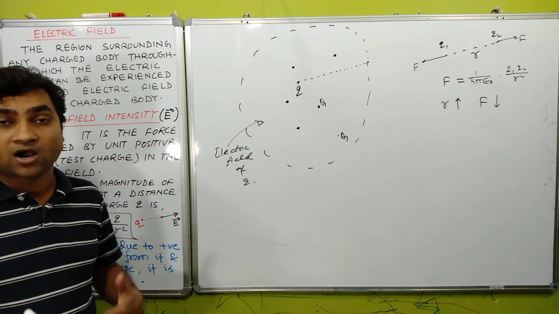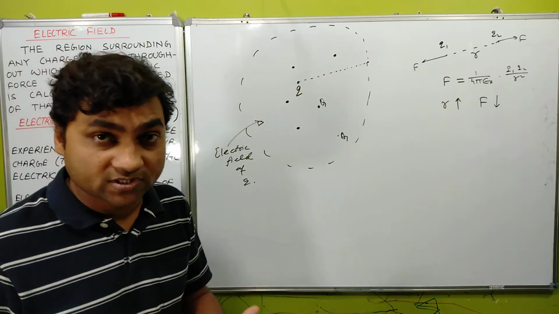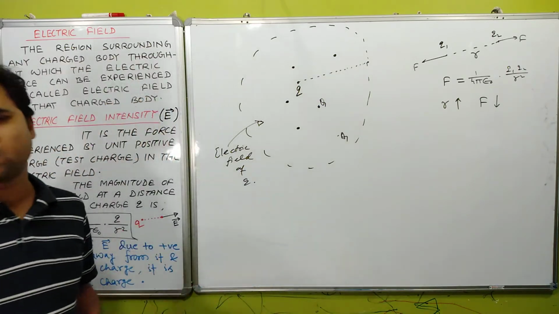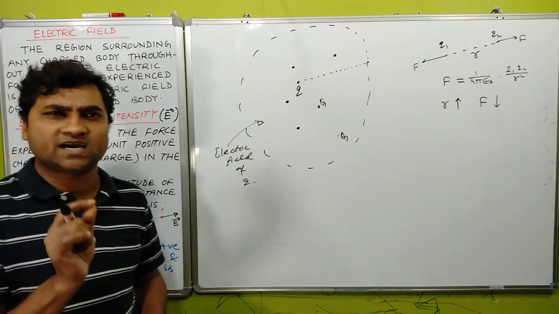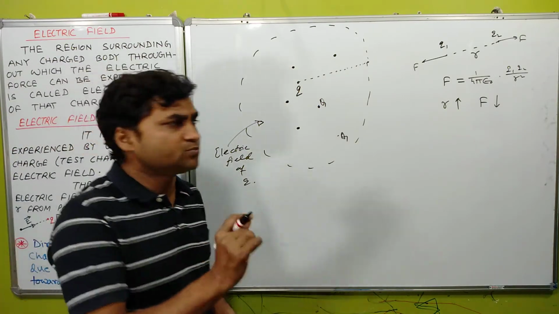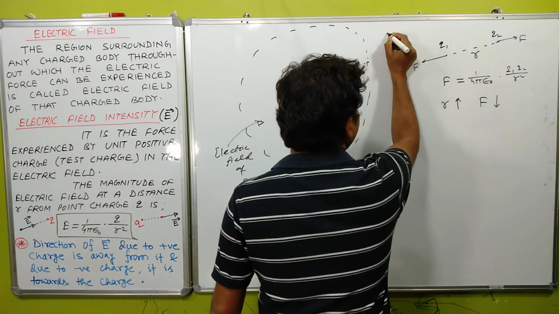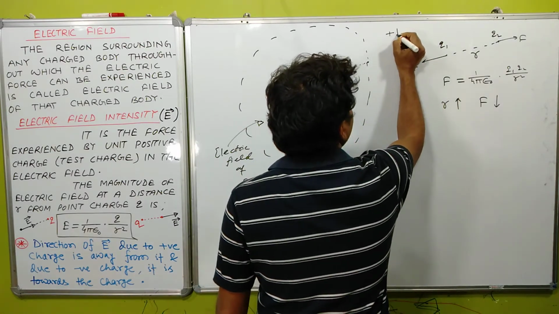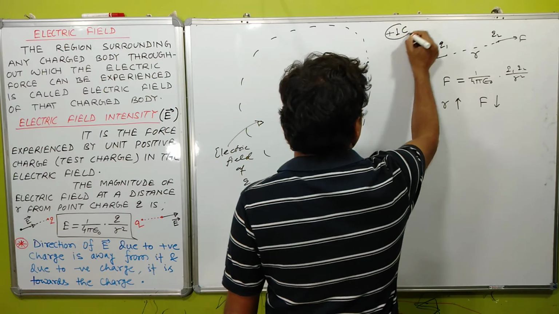And how will you calculate this value, this strength? For this student, we put a test charge, that is unit positive charge. Unit means 1, positive means plus 1 coulomb charge.